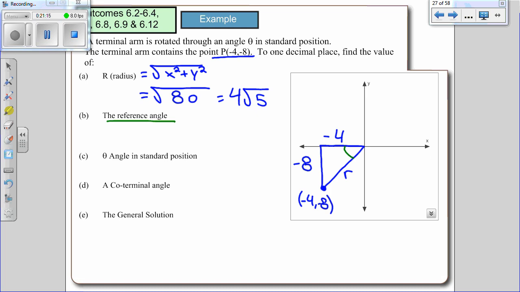To calculate that, you're going to use SOHCAHTOA. Which ratio would you choose? Why would you use tan? Because it's the one that's opposite. Exactly. Using the CAST rule, it tells me in this quadrant, use tan. So I go tan inverse, opposite over adjacent, negative 8 over negative 4.